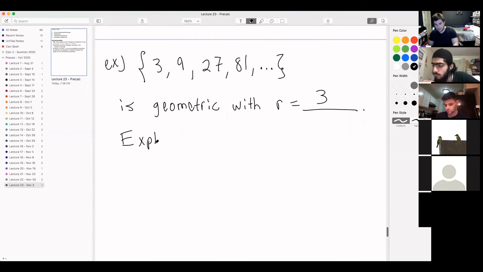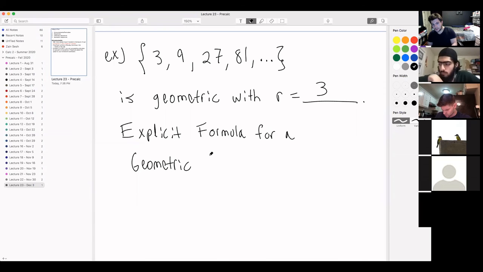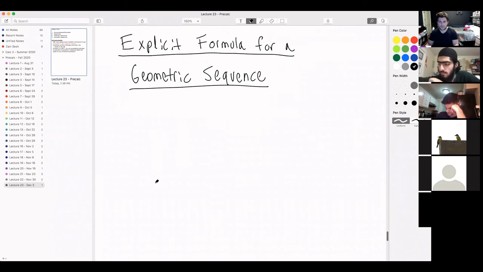All right, so we're almost done for tonight. Let's just get this formula in. We'll do an example with the formula. We'll be finished. So explicit formula for a geometric sequence. Okay, so I'm going to do a similar type of derivation or proof, like when I got the explicit formula for an arithmetic sequence.